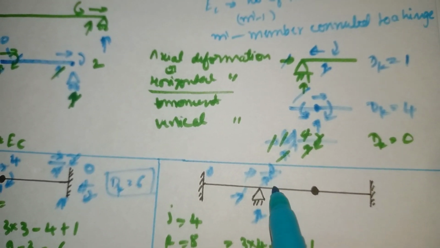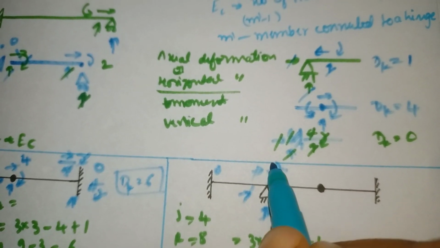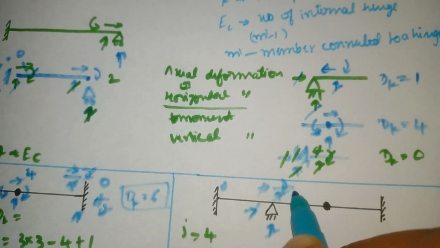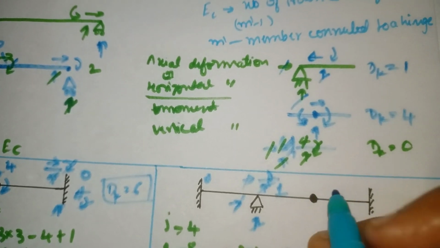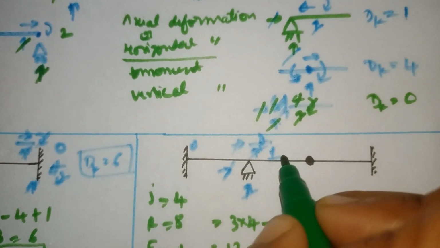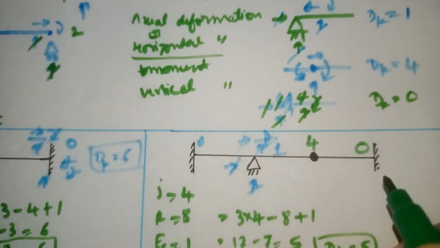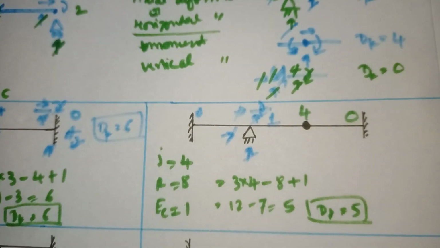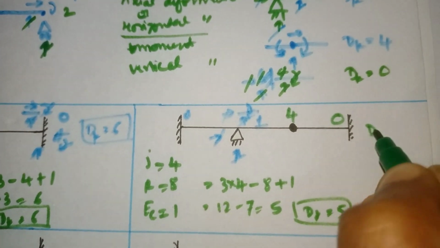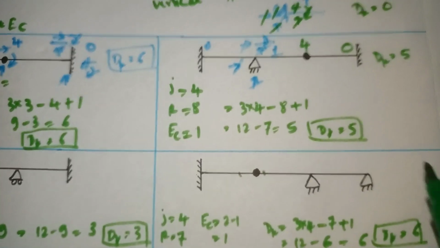It can freely rotate. It cannot resist the rotation. So the dk value at the hinge is 1. At the internal hinge, the deformation is 4, as I explained. Fixed is 0. So 1 plus 4, 5. So dk is 5. Both answers are the same.